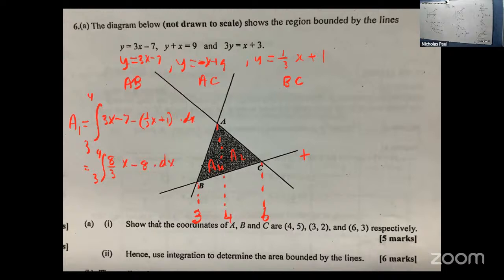Then you integrate between 4 and 3. The integral of (8/3)x minus 8 will be 4x squared on 3 minus 8x. And then plug in 4 and 3.